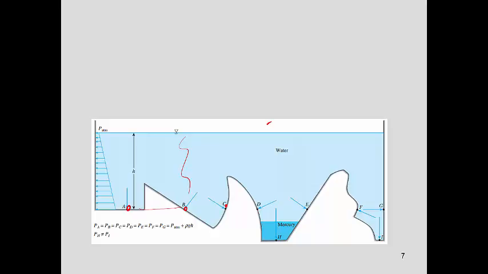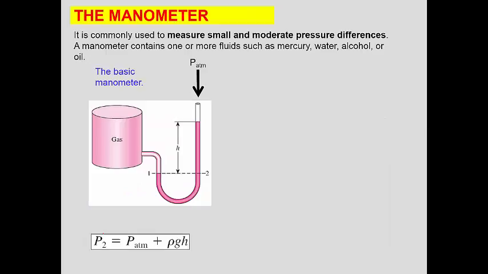Here you have the same pressure, here the same pressure. If we have a different fluid, it's not the same. So like here, H and I are at the same level. Here I have mercury, and here I have water. So the pressures in H and I are not going to be the same.